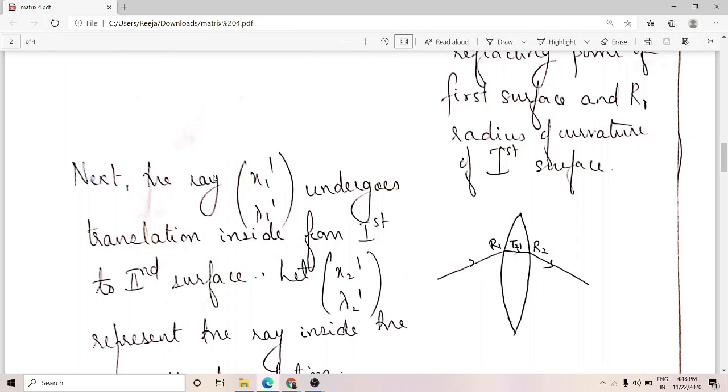Now, this ray x1 dash lambda 1 dash undergoes translation to form x2 dash lambda 2 dash. So x2 dash lambda 2 dash is equal to the translation matrix T21 into x1 dash lambda 1 dash.